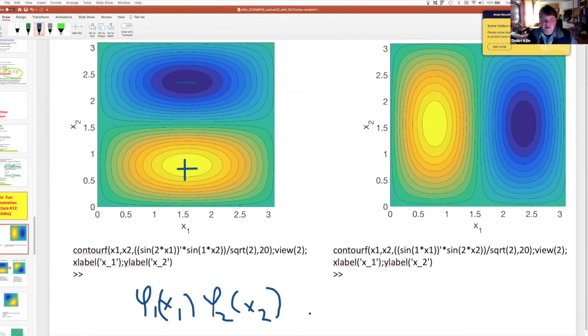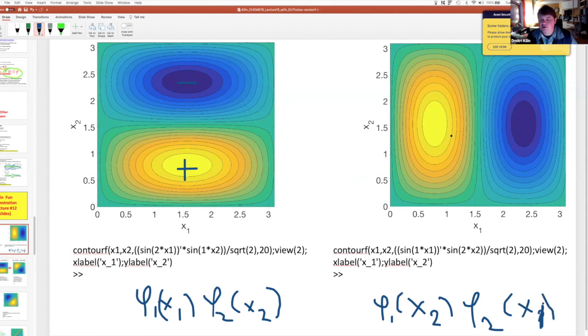Now, if I swap the order, if I do phi 1 for electron 2 and phi 2 for electron 1, then you see the figure flips. So now it is extended not in vertical but in horizontal.